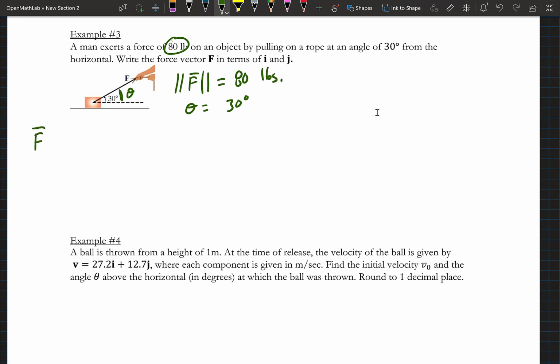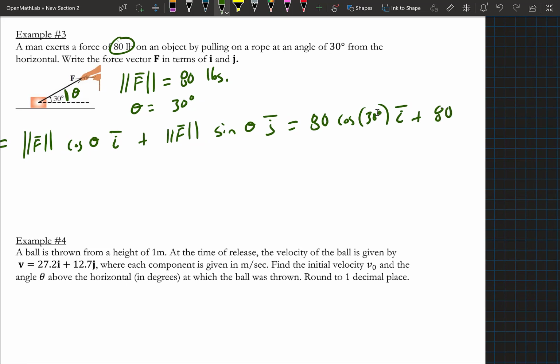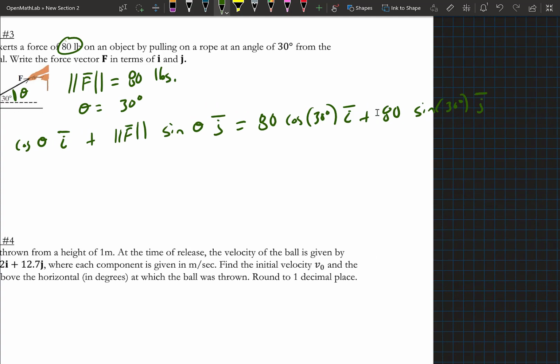Vector F is going to be equal to the magnitude of F times the cosine of theta times vector i plus the magnitude of F times sine theta times vector j. If I plug in what I know, the magnitude of F is 80, so this would be 80 times cosine of 30 degrees times i, plus 80 times sine of 30 degrees times vector j.